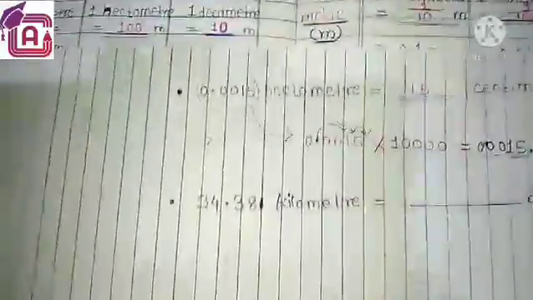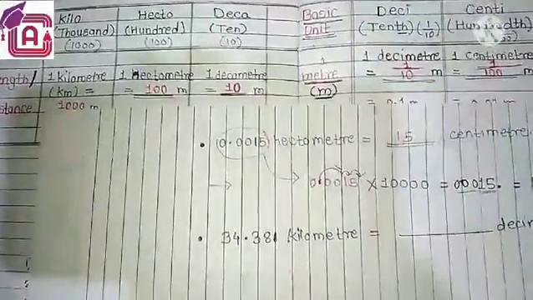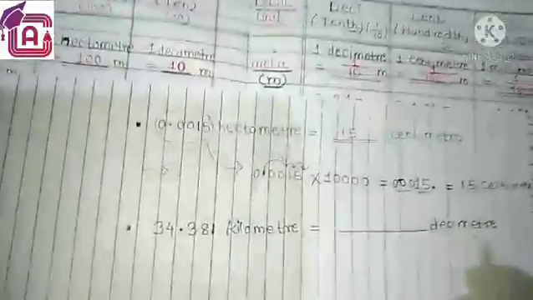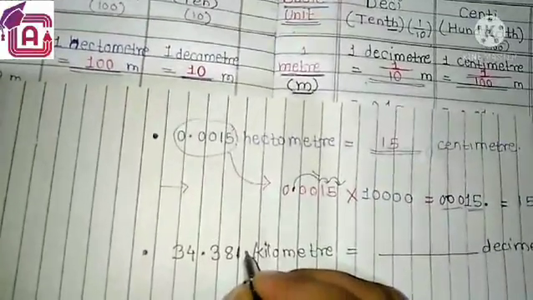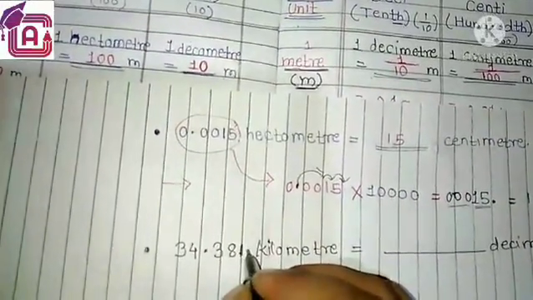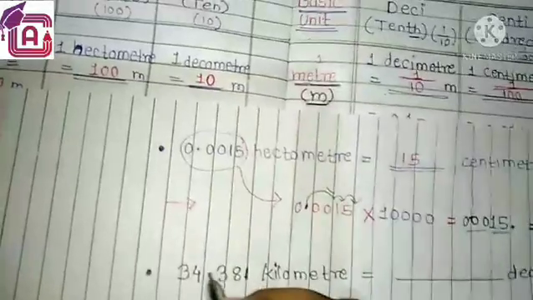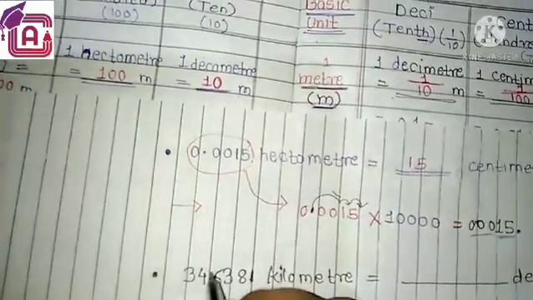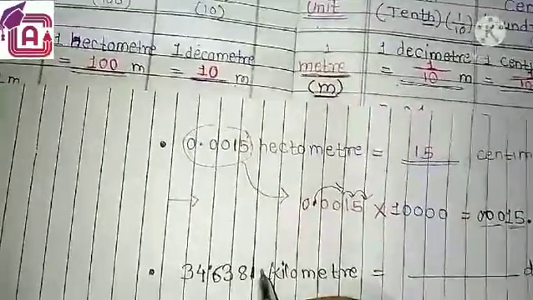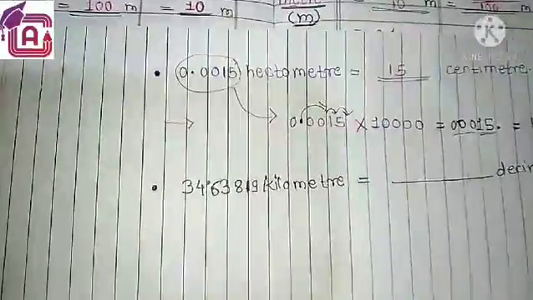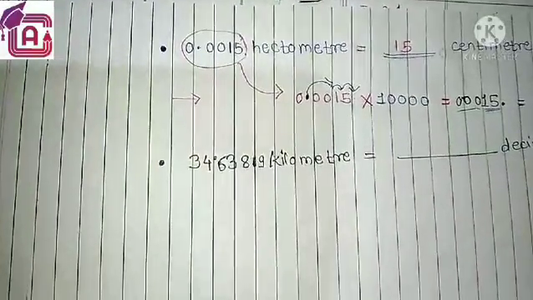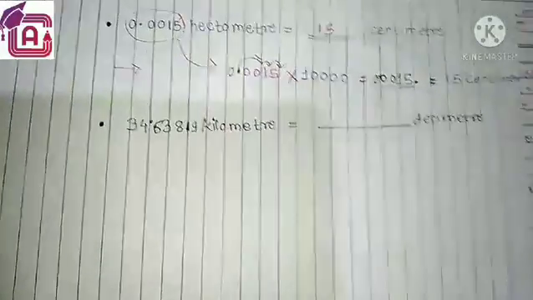How many decimeter? That we have to calculate. Or I'm increasing this number a little bit, that is 34.63819. Our number is 34.63819 kilometer is equal to how many decimeter?